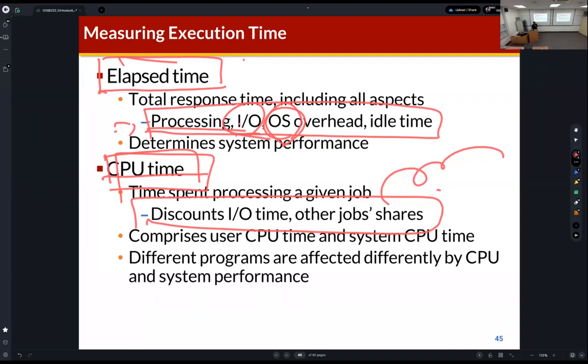We need to ignore these factors like the I/O device time, the operating system overhead, idle time, and influence by other applications. These factors will be ignored, and we just measure the CPU time to compare the performance of two different CPUs.